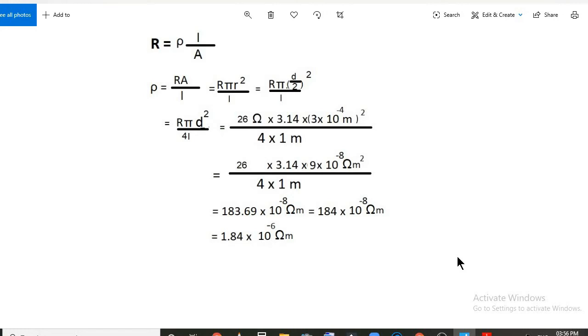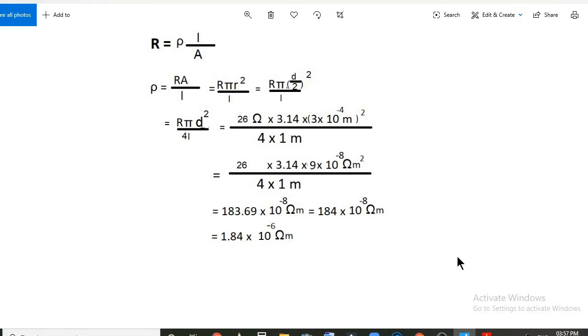The next step, we can find that square. D by 2 all square means d square divided by 2 square, that means d square divided by 4. That 4 will come down in the denominator. Therefore, rho is equal to R pi d square divided by 4L.